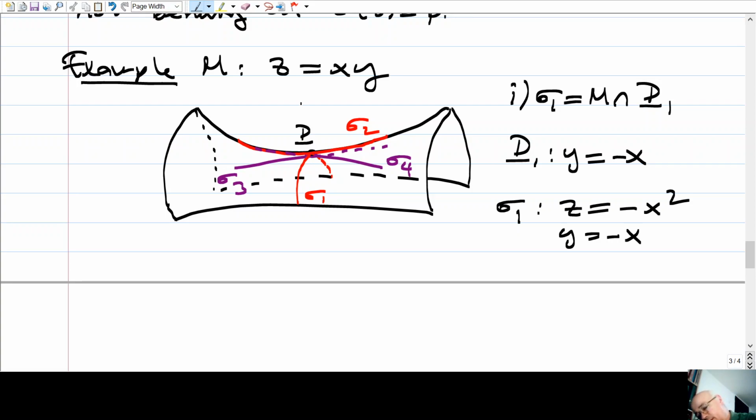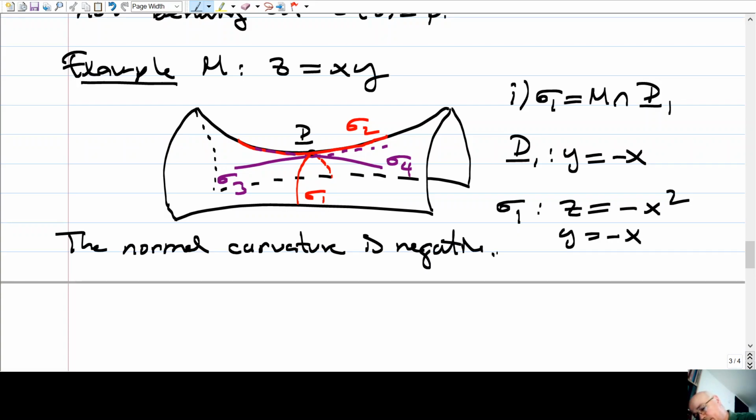Here the normal vector is like this. So the normal curvature is negative in this case.